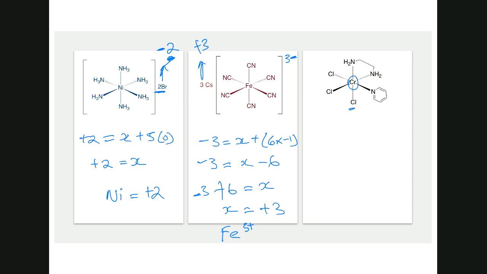We have 3 chloride ligands, an ethylene diamine ligand, and a pyridine. The ethylene diamine and pyridine ligands are neutral, so they'll have 0 charge. But chlorides will each have a -1 charge.